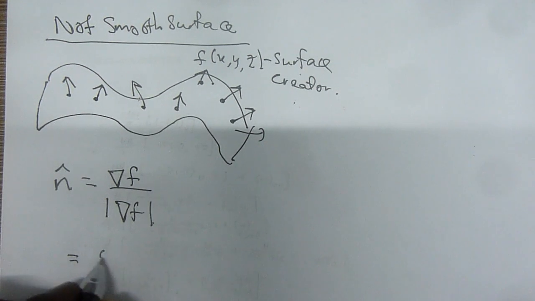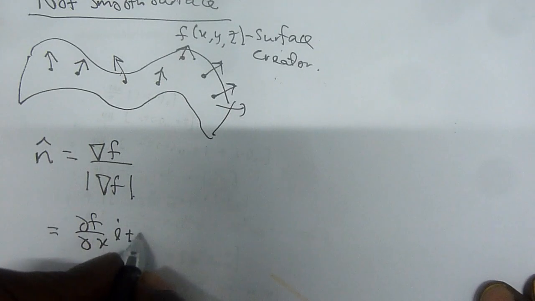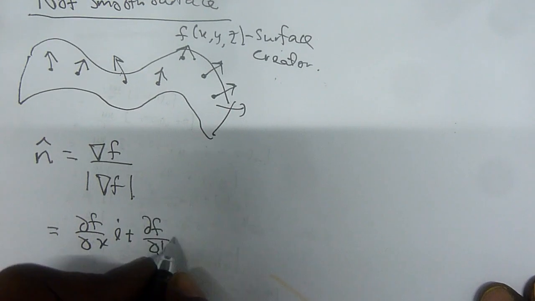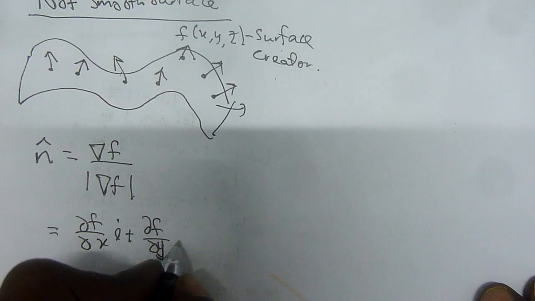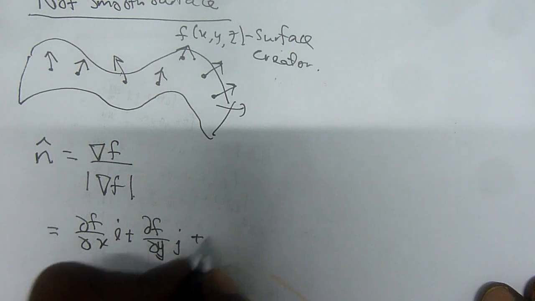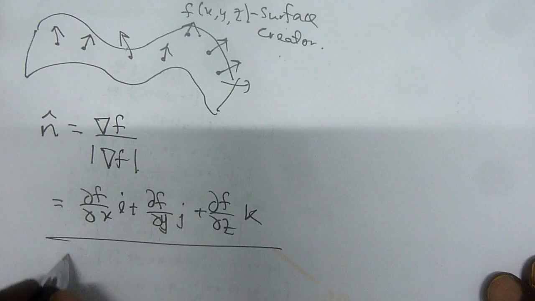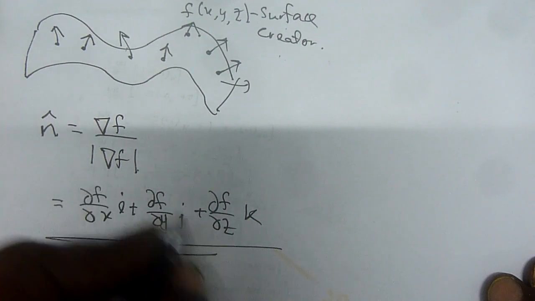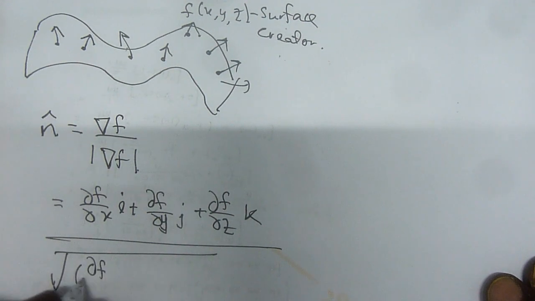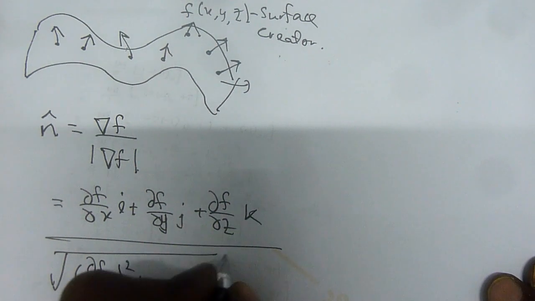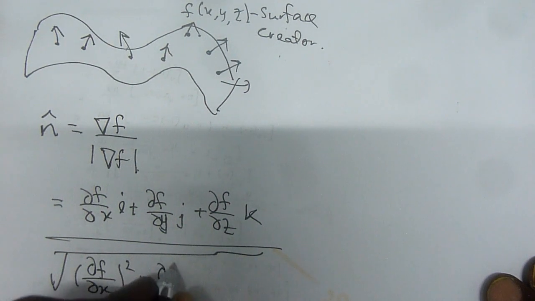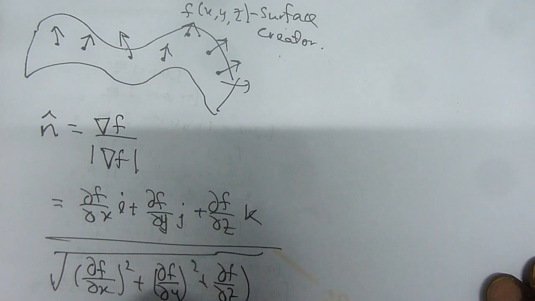You can see it as del f over del x to the i, del f over del y to the j, and del f over del z to the k, divided by the combination of all these things, which is del f over del x power 2, plus del f over del y power 2, plus del f over del z power 2.